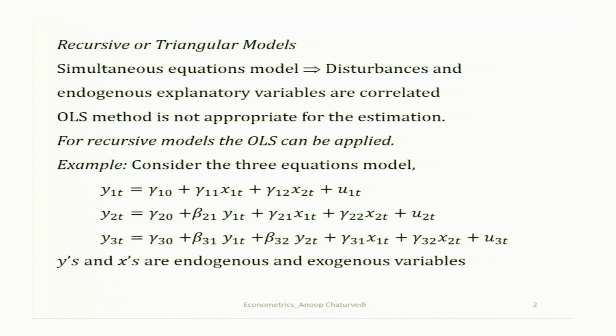Now, the problem in estimating simultaneous equations models is that the disturbances and endogenous explanatory variables are correlated. So, if in a particular equation you have endogenous variables on the right hand side as explanatory variables, then because of the correlation between these endogenous variables and disturbances, if you directly apply the OLS procedure, then the resulting estimators are inconsistent.